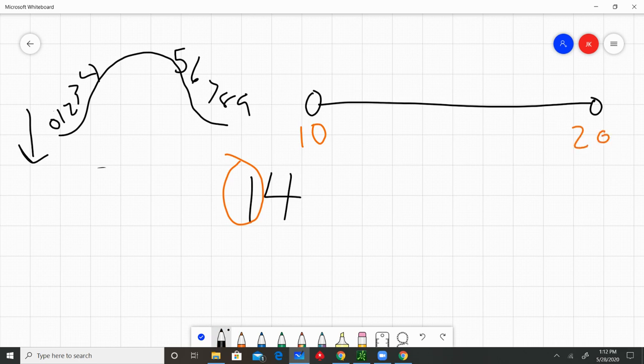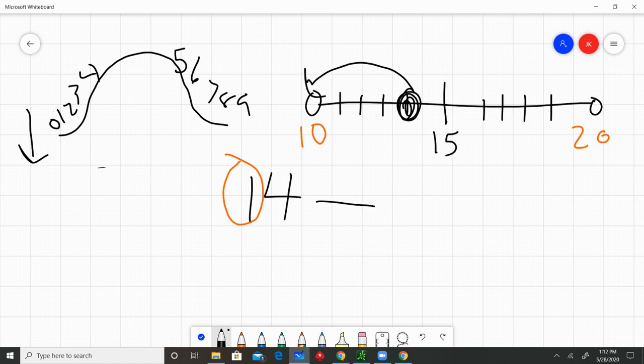If I marked my number line, that's 11, 12, 13, 14, 15, and then 16, 17, 18, 19. 14 would fall right on this line. What 10 is that closest to, your 10 or your 20? It would go to your closest 10. So 14 would round to 10.